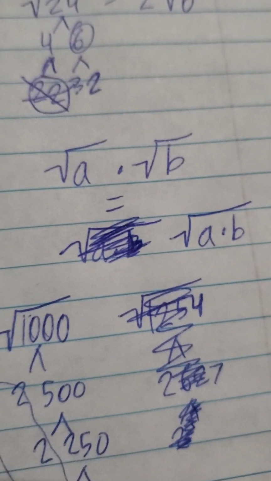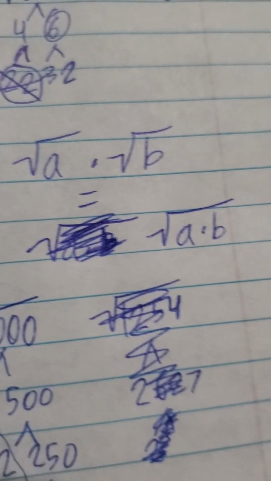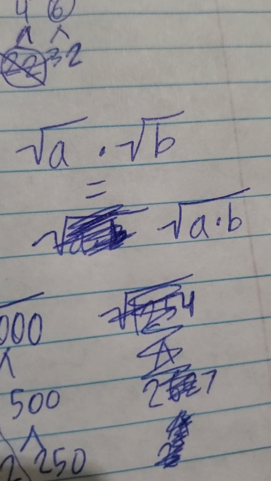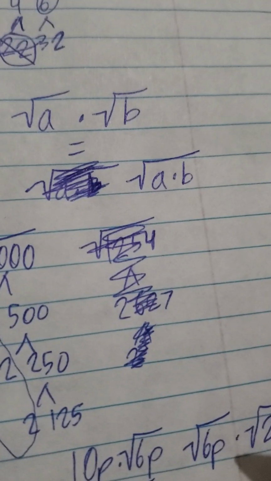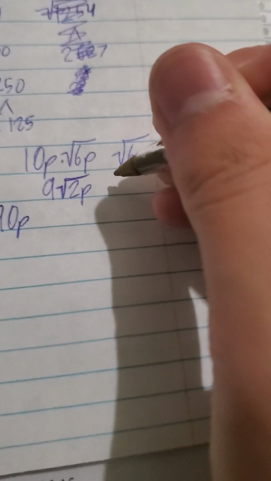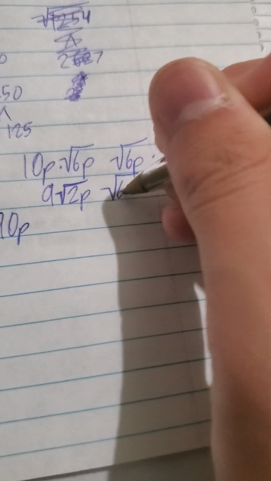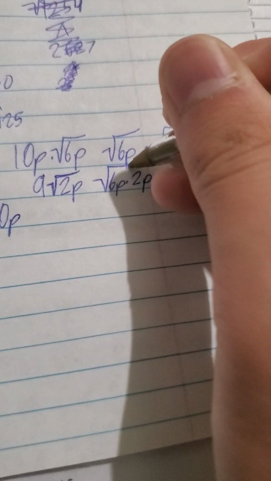This is a rule that we learned in this unit. So knowing that, let's apply that back over here. We have root 6p times root 2p, which by this rule should equal the root of 6p times 2p. And if we multiply, we get root 12p squared.